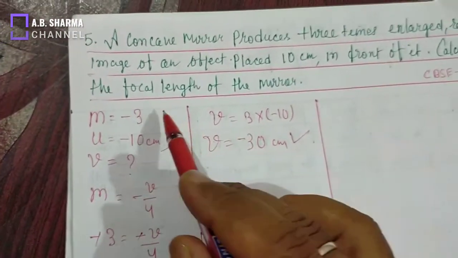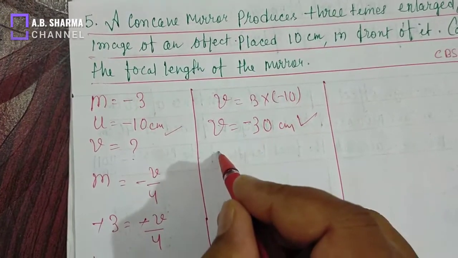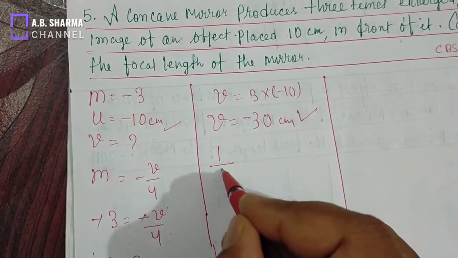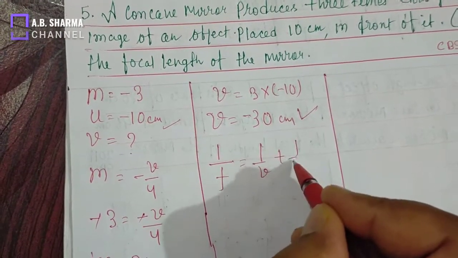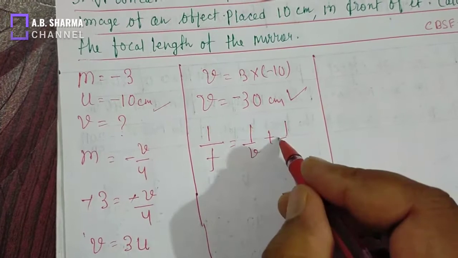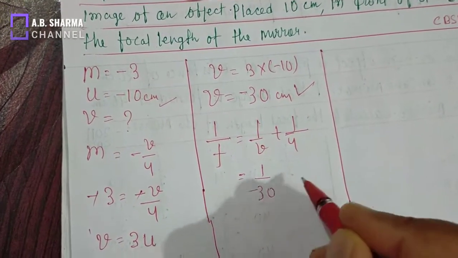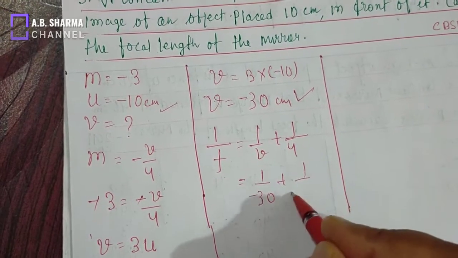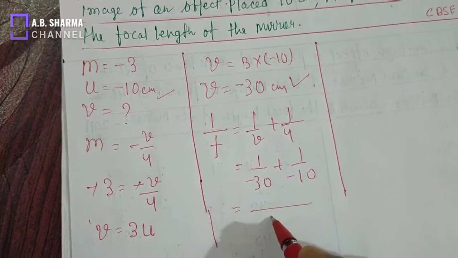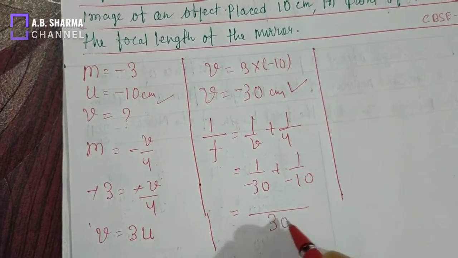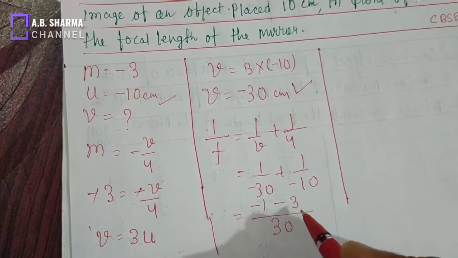Now we will calculate the focal length of the mirror, which is the demand of the question, using the mirror formula. 1 upon f equals 1 upon v plus 1 upon u. Put the values: 1 upon -30 plus 1 upon -10. Equalizing the denominators by taking LCM, this is 30, this is -1, and this is -3.